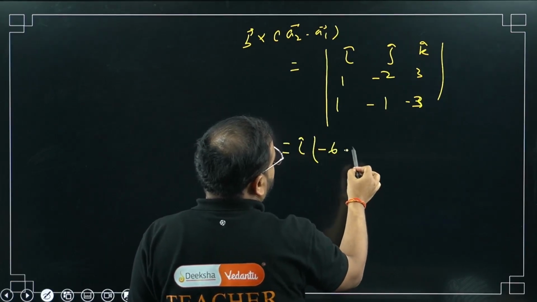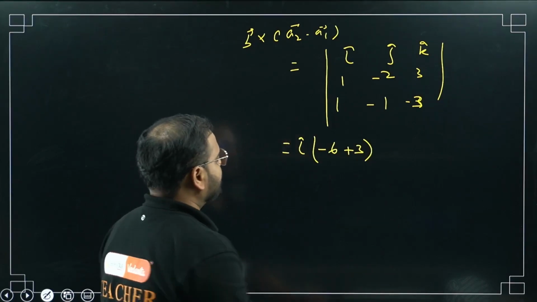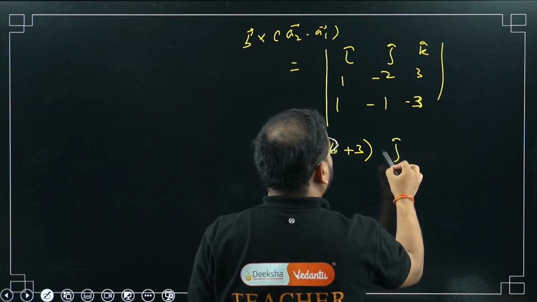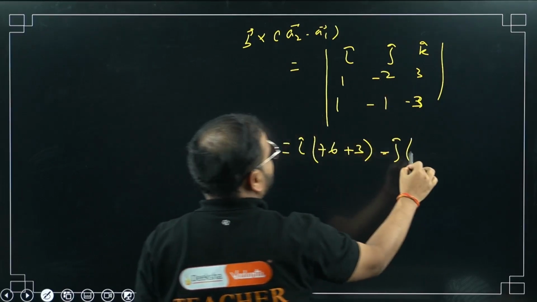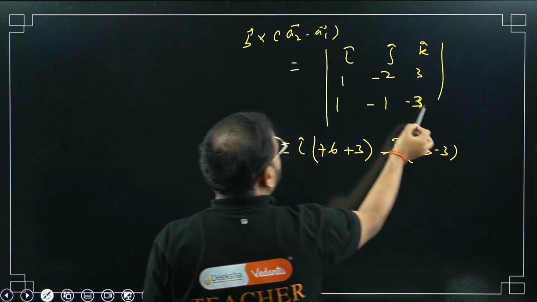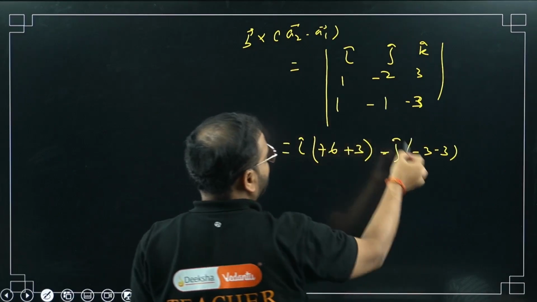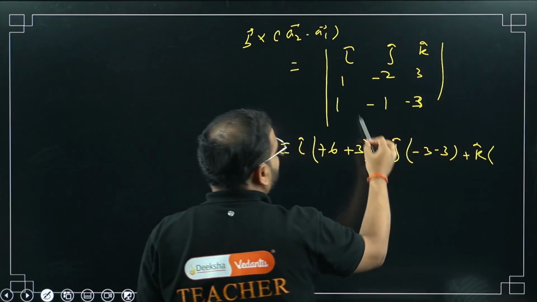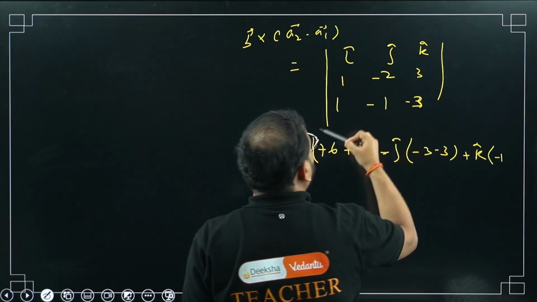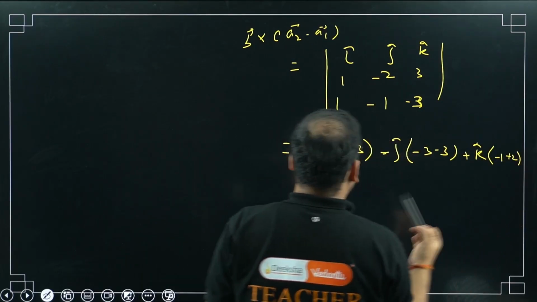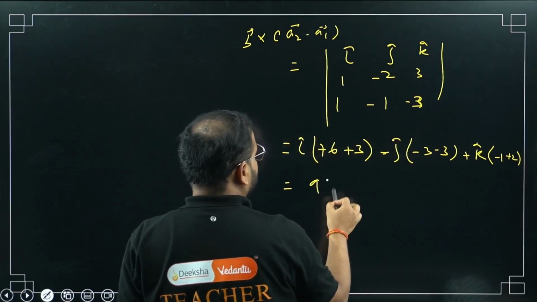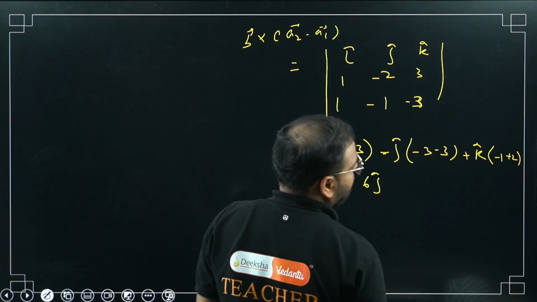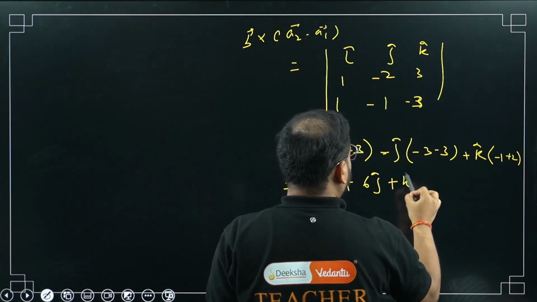Plus 6 plus 3, sorry. 3 into 2 is plus 6. So plus 6 plus 3, minus j cap. If I do this, 3 into 1 is minus 3, and 1 into 3 is again 3. So plus k cap, minus 1 and plus 2. So what I'm getting: 9 i cap, plus 6 j cap and plus k cap.